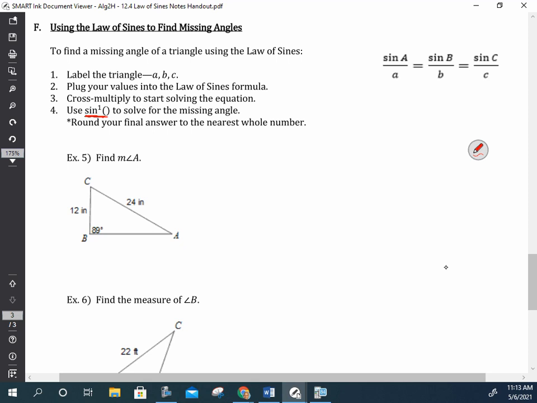So, example 5, we're looking for angle A. First step is still the same: A angle, A side, B angle, B side, C angle, C side. Since you're finding angle A, you've got to use that part of the formula.